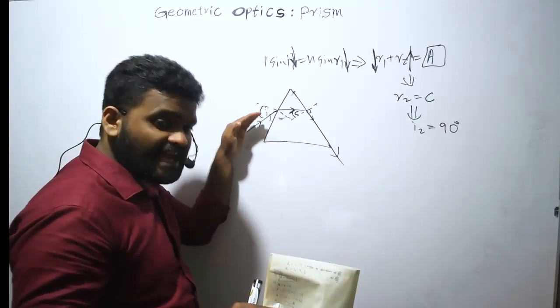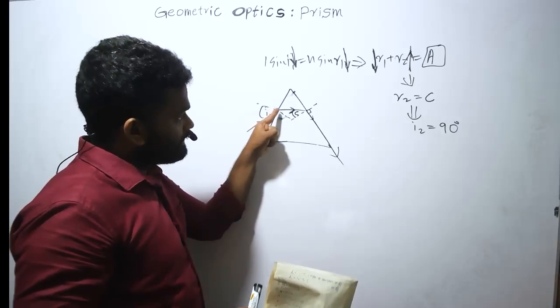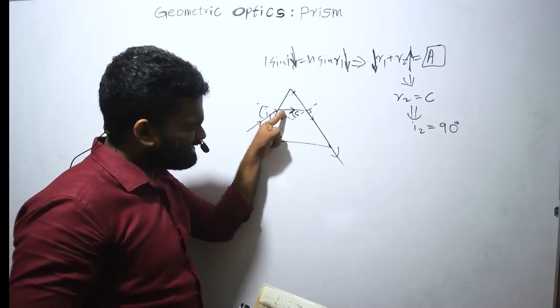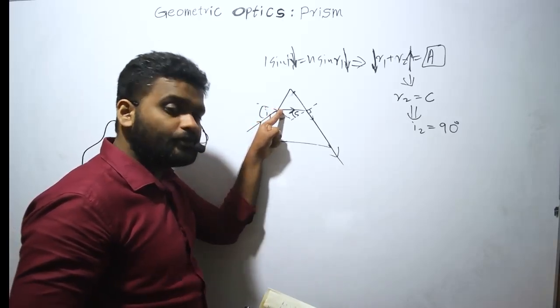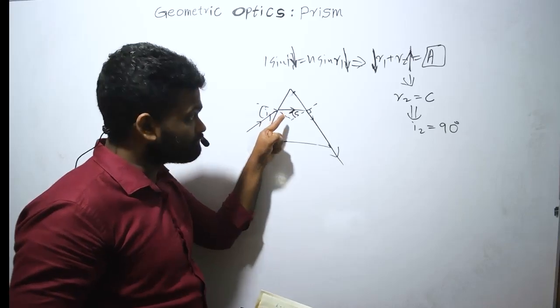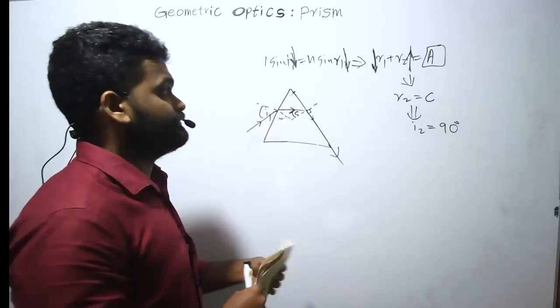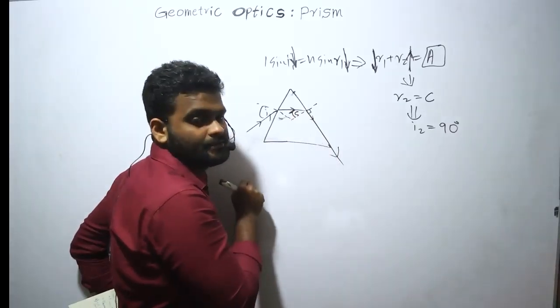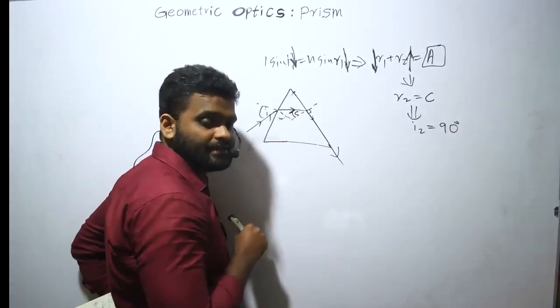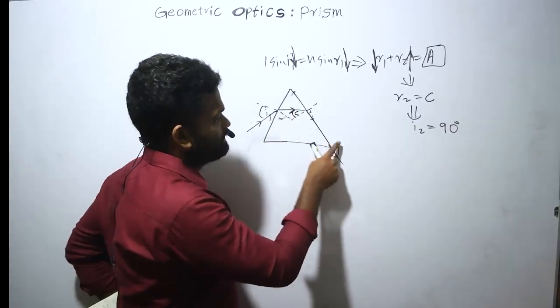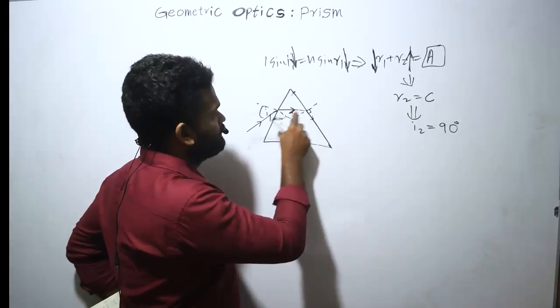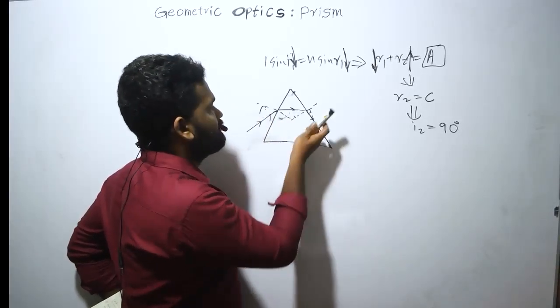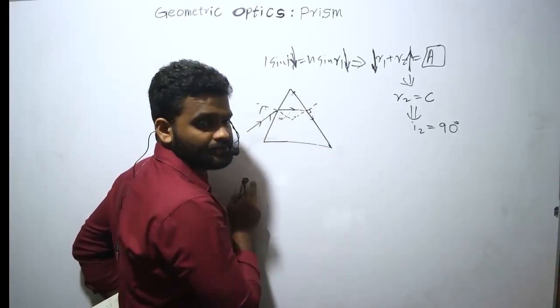Then we are going to further decrease I1. Then R1 also is going to decrease further. Then R2 is going to be greater than the critical angle. So when it is greater than the critical angle, what is going to happen? Then there will be total internal reflection, right?